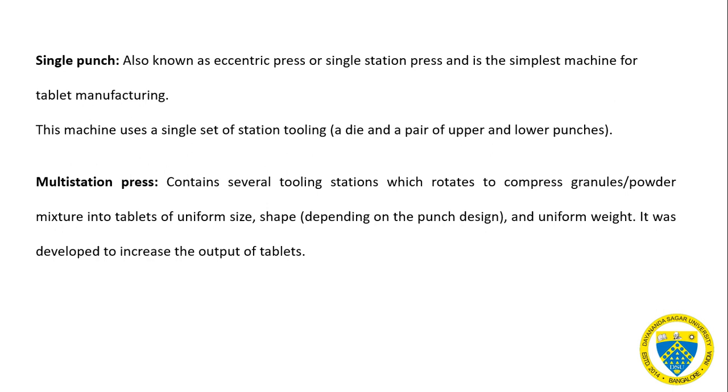From the hopper, the granules fall into the die cavity, and then the upper punch and lower punch come together, applying some compression force. It compresses the granules into a tablet, and then the tablet is ejected. The ejected tablets have uniform size, shape and weight. Hence, this multi-station press has increased output ability.